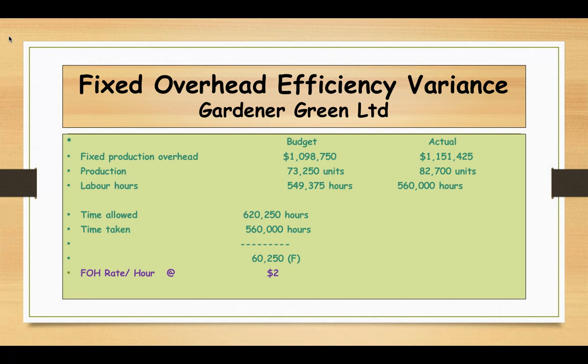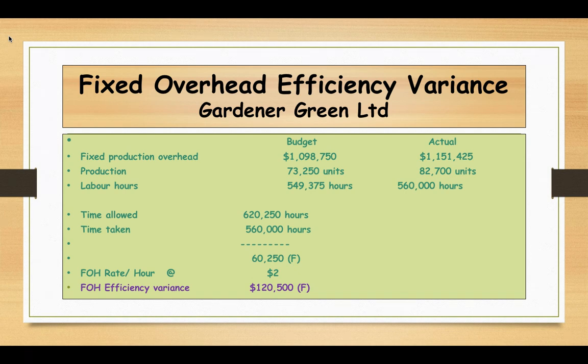So the fixed overhead rate per hour is budgeted fixed overhead, 1,098,750, divided by the budgeted labor hours, which is 549,375 hours. So the fixed overhead rate per hour is $2. So our fixed overhead efficiency variance is $120,500 favorable.